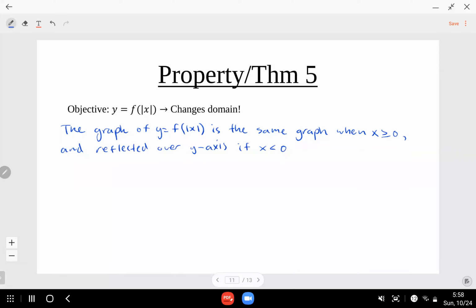Okay, so that is how this theorem is going to work.